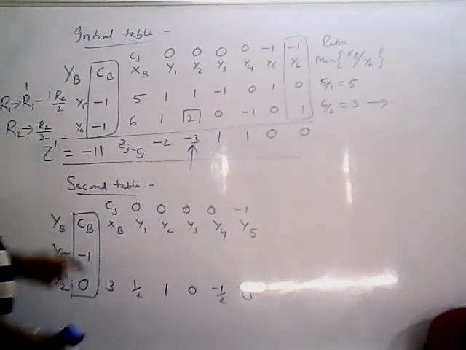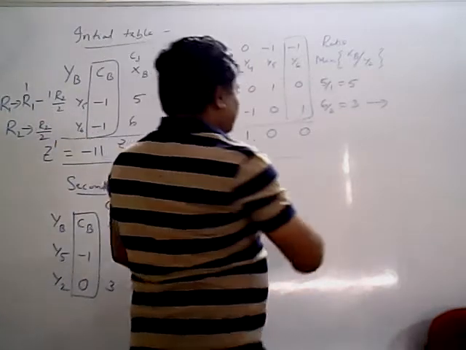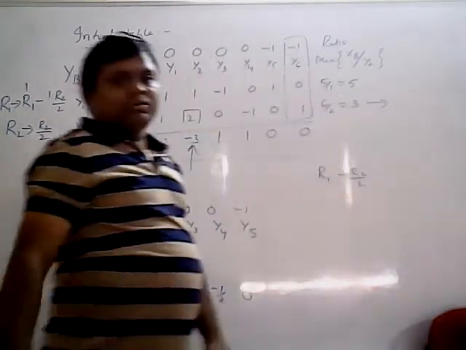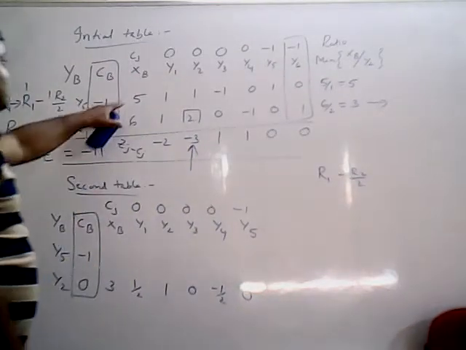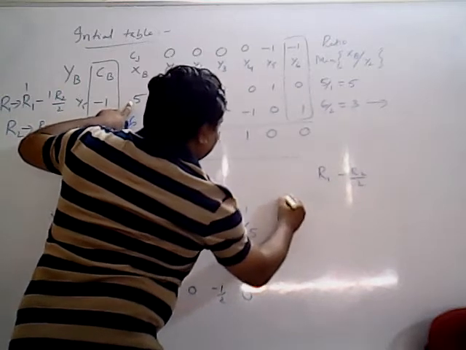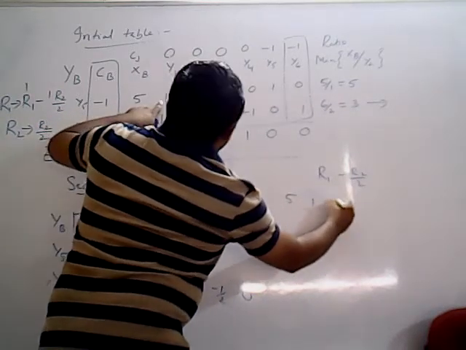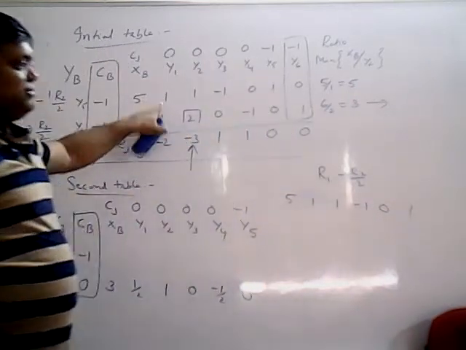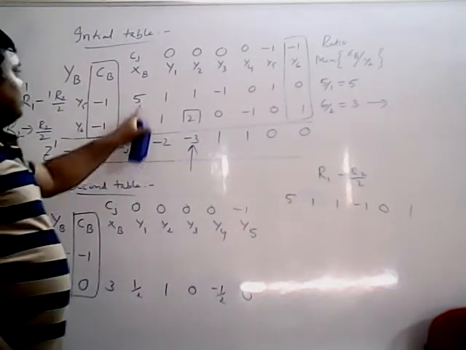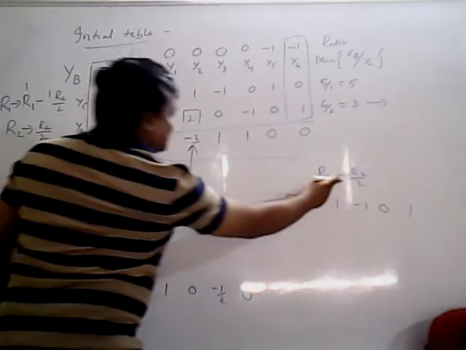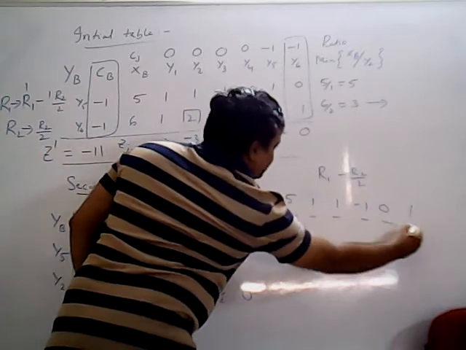Now the first row operation. I will calculate the operation values. The operation is R1 minus R2 by 2. R1 means the first row as it is. What is the first row? 5, 1, 1, minus 1, 0, 1, up to Y5. Minus, 5, 1, 1, minus 1, 0, 1. Just put minus.